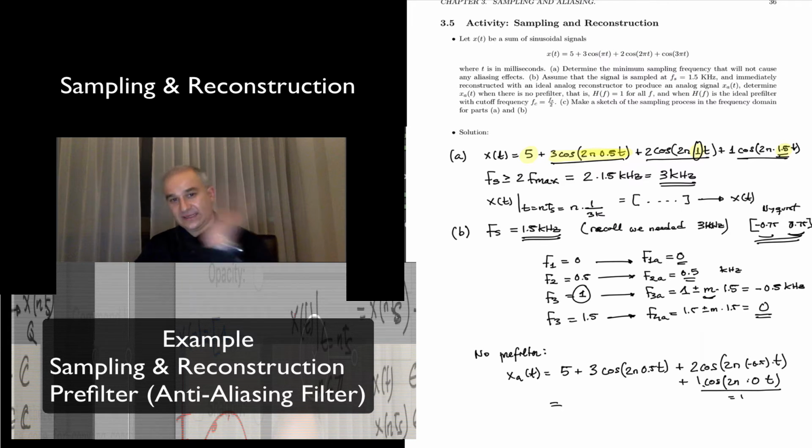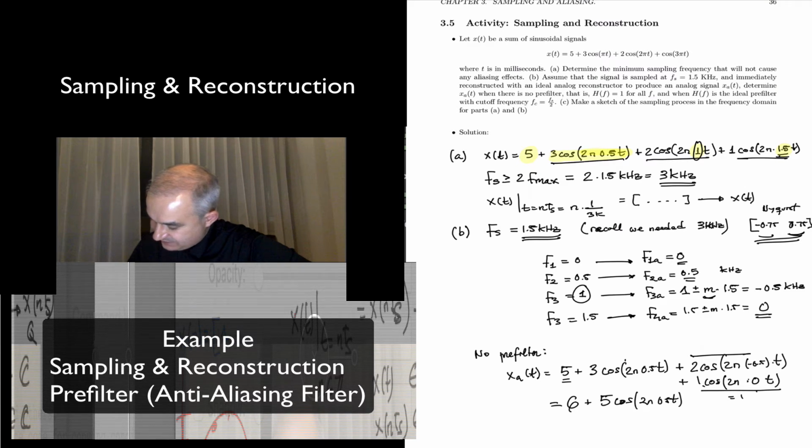The cosine has that symmetry. And so this component is going to add with this, and this component is going to add with this, meaning 5 plus 1 gives me 6, and then 3 plus 2 gives me 5 cosine of 2 pi 0.5 t.